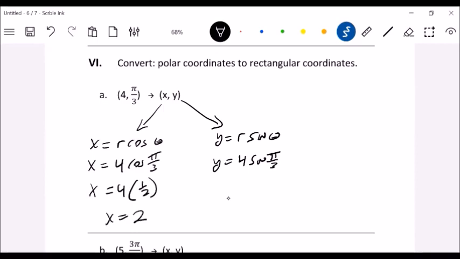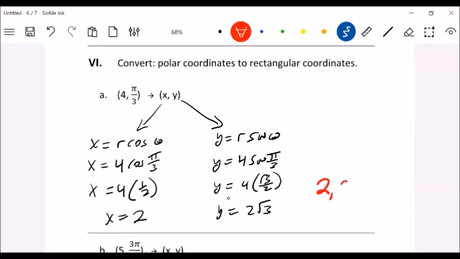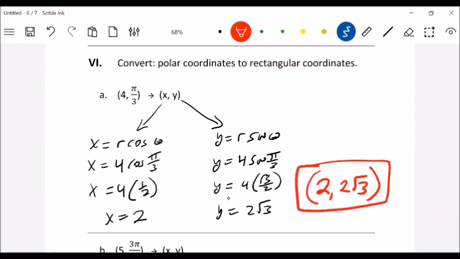So x is equal to 2. Sine of pi over 3 is square root of 3 over 2. So y is 2 root 3. 2 goes into 4 twice. So we would use those two and write our answer as 2 and 2 root 3. Okay. 2 and 2 root 3, and that's the rectangular coordinate.